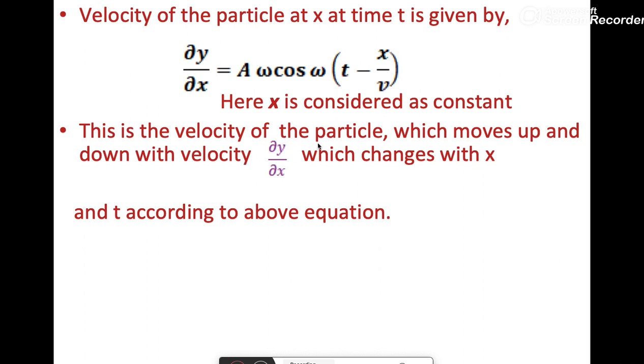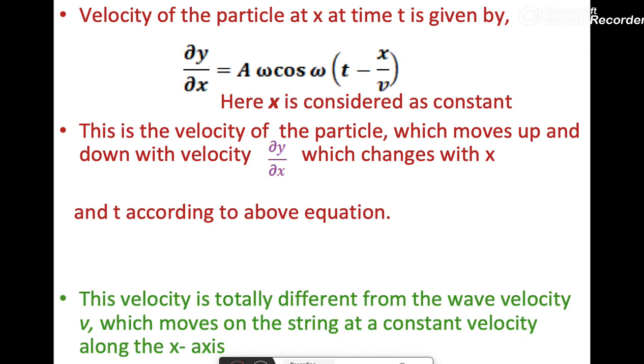This is the velocity of the particle, which moves up and down with velocity del y by del t, which changes with x and t according to the above equation. See, del y by del t is the velocity of the particle in the y direction.